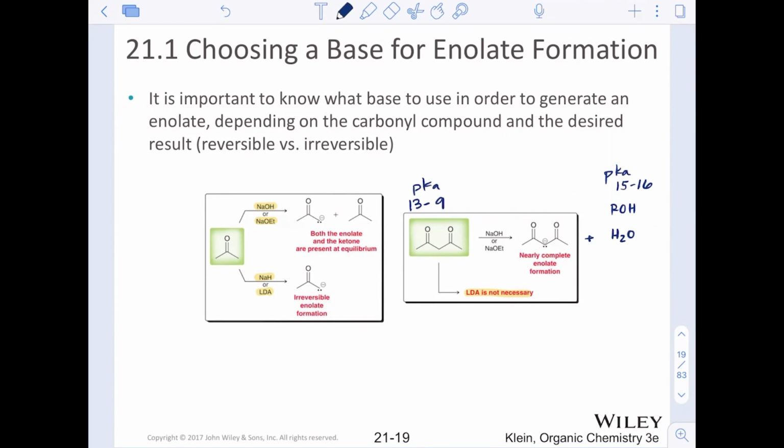The pKa of that dicarbonyl compound in its alpha proton position is already a lot lower than that of the conjugate acid. So good to just go ahead and use sodium hydroxide, sodium ethoxide. Sodium methoxide we will also see this chapter as well.